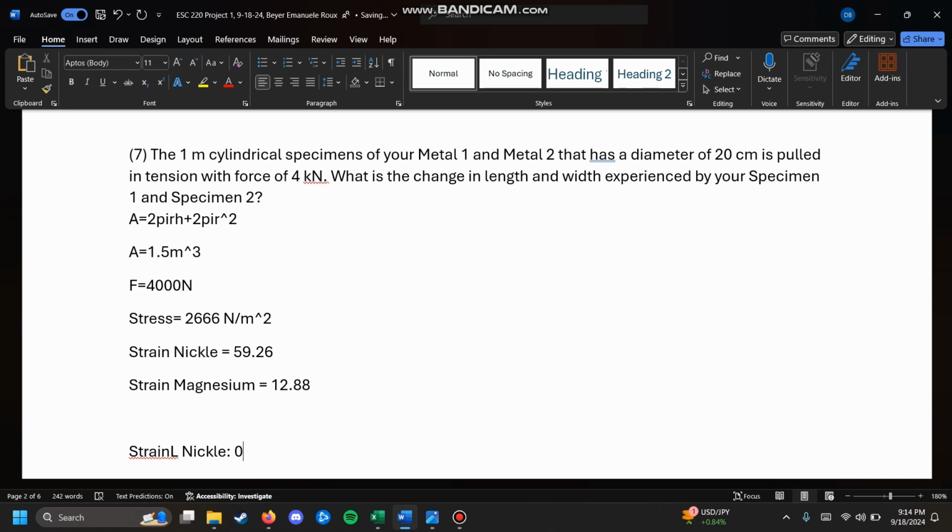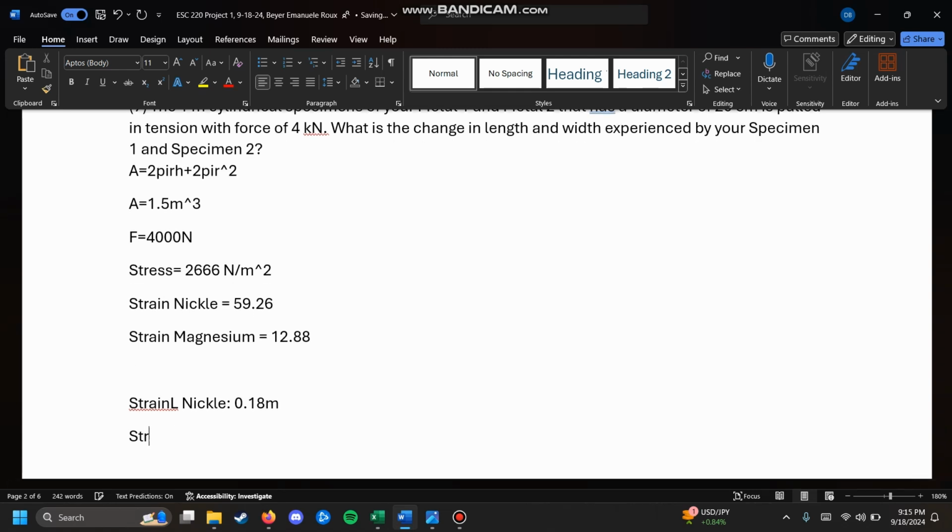Oops, almost just solved that for you. For that Poisson's ratio, I found it to be 0.18. And for the lateral strain of magnesium, I found it to be around 0.03.